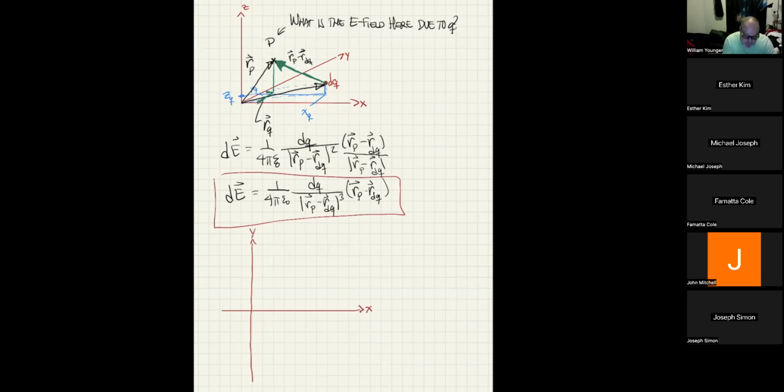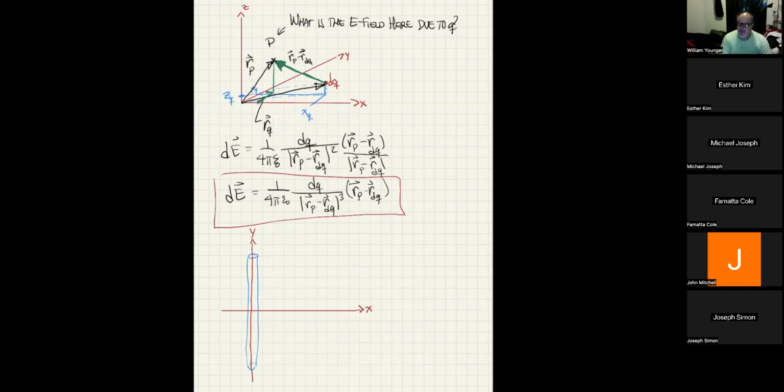Okay, so here's my infinitely long, uniformly charged wire. Now in physics world, infinitely long means at least a factor of 10 larger than the distance you are from it. So if you're 1 centimeter away, it better be at least 10 centimeters long, or 20, say, that way it'd be 10 from each end. But 100 we feel a lot better for, and 1,000 we really feel good with.